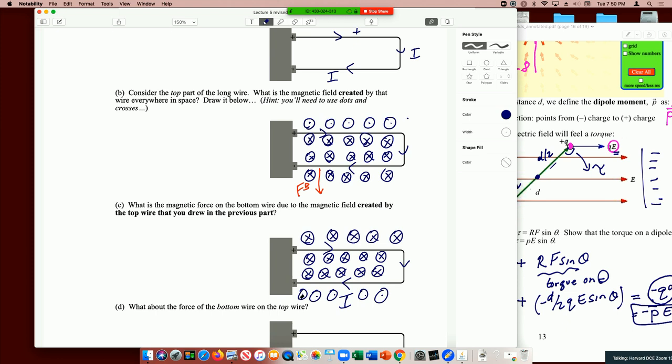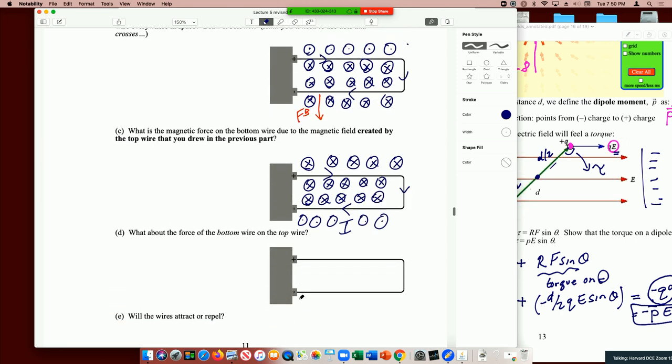Okay, so what would you say about the force due to the magnetic field from the bottom wire? So this is the bottom wire magnetic field. What do you think the direction of the force would be on the top wire? So let's do it. So the current, and here it's going into the page, right?